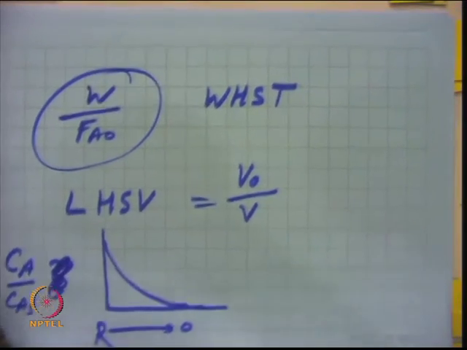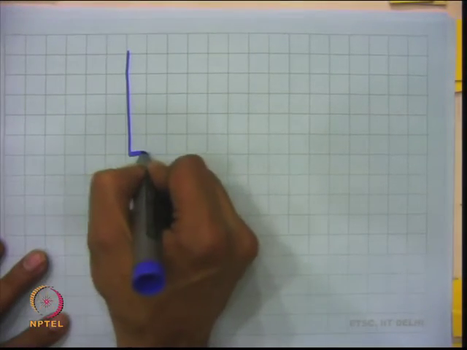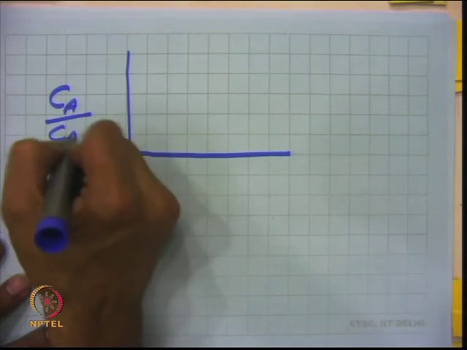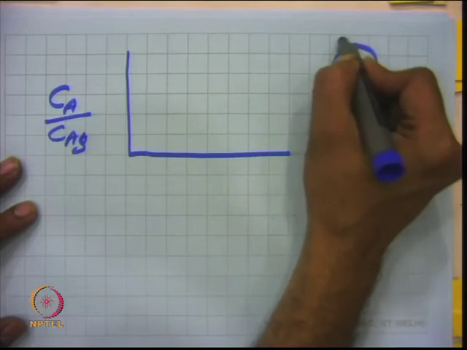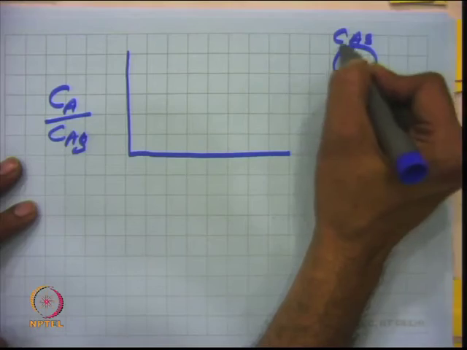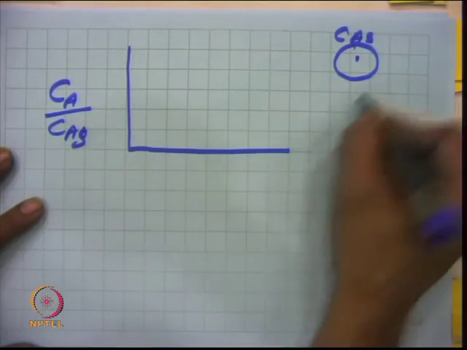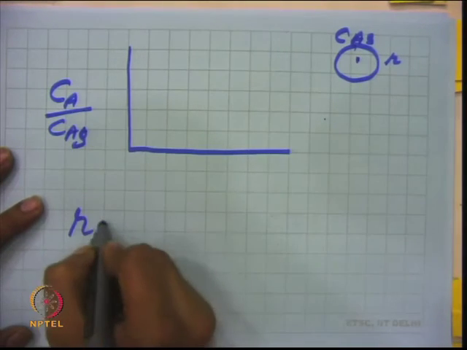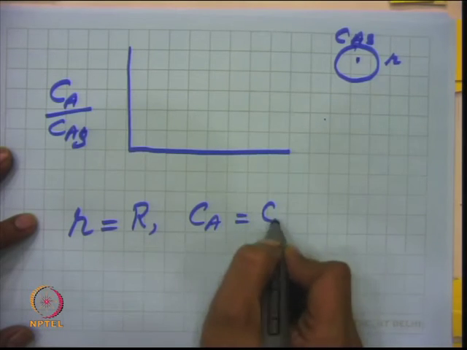Something like this, which we have discussed earlier in our pellet, that is Ca by Cas, the concentration at the surface of the solid. Your Cas is here, and Ca is taken at the center of the pellet. If I write it in dimensionless form, at r equal to capital R, the boundary condition is Ca equal to Cas.